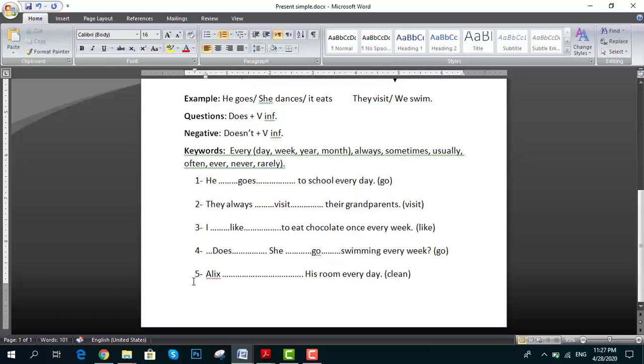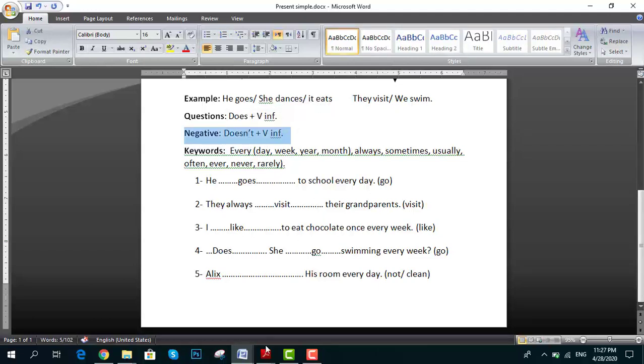The last sentence, Alex, his room every day, and the verb clean. Let's make it into negative. We have every day. Every day is a keyword for present simple. In the negative we use doesn't plus verb infinitive.